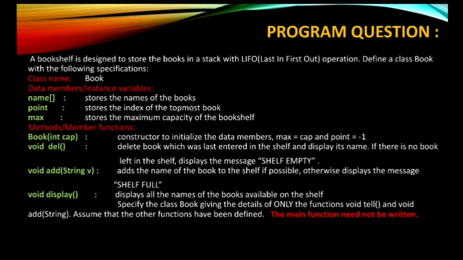If we have some other functions also, assume that they are created, and the main function need not be written because it is of 5 marks. But I am going to tell you how you can write your main function also.